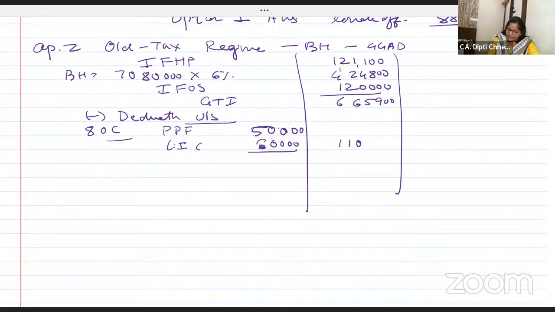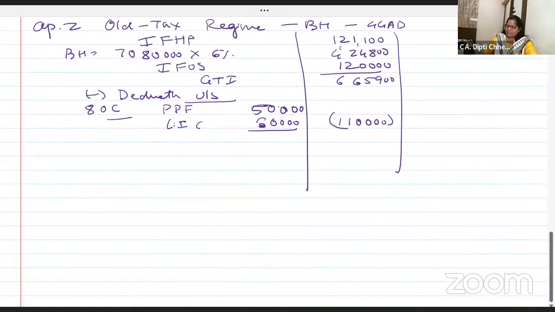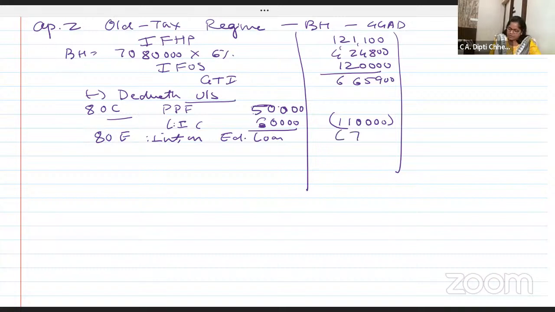So 1,10,000 because ATC's limit is 1,50,000. ठीक है ना? Next deduction will be ATE, interest on educational loan for 8 years for self, spouse and children. So here it is taken for spouse, allowed.